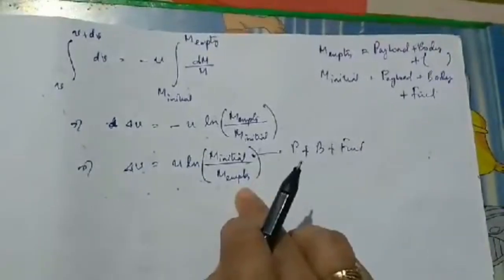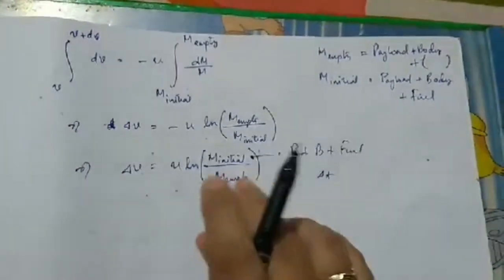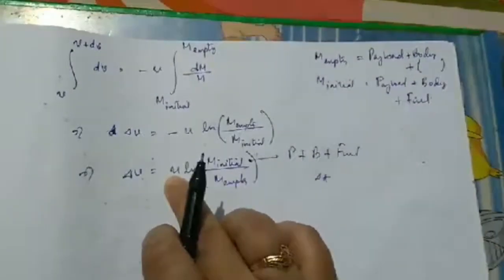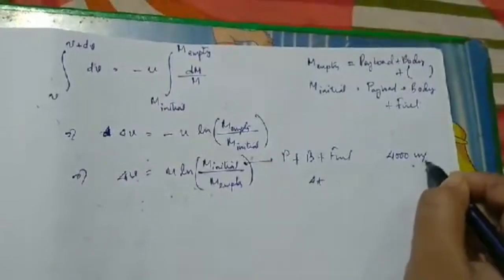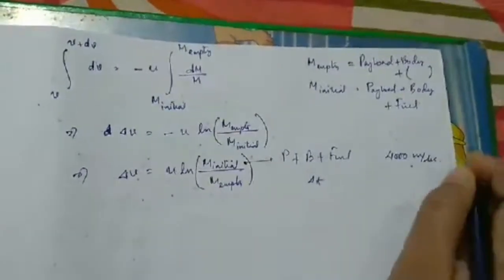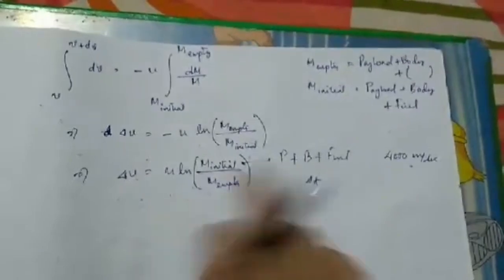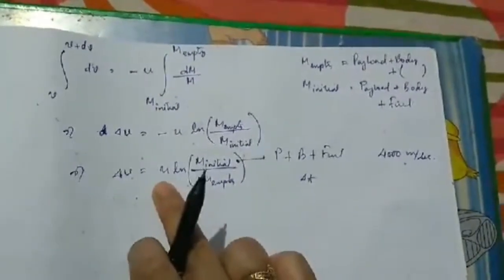And m empty means after a certain interval of time, suppose del t, how much fuel has been exhausted. The speed at which the fuel is ejected is basically constant, as I already mentioned. It is around 4000 meters per second. So the velocity of ejection of the fuel is 4000 meters per second, and this is constant.